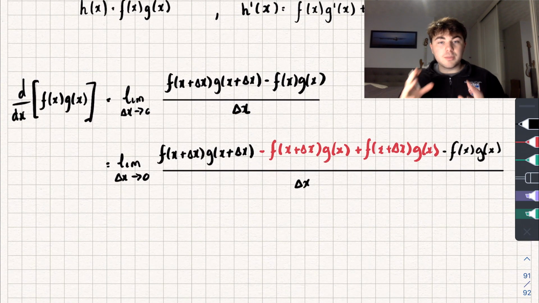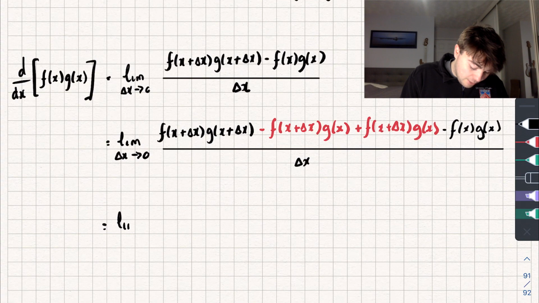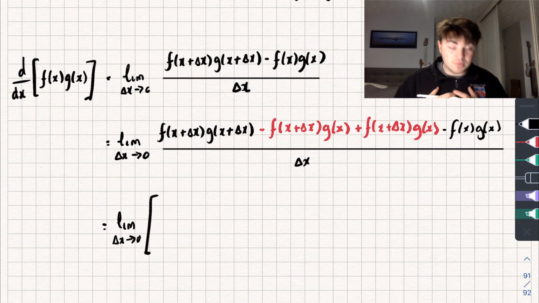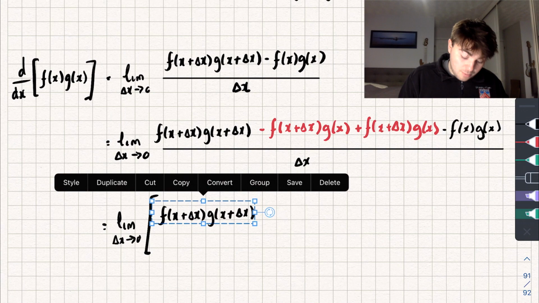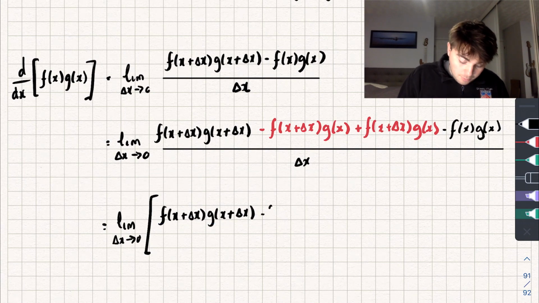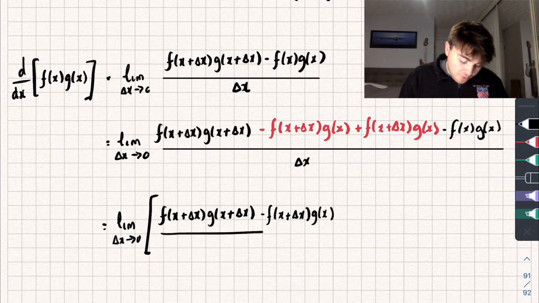From here I'm now going to split this up into two fractions because they're over the same common denominator. So this is equal to the limit, as delta x tends to 0, I'm going to put it in brackets just so it's clear I'm taking the limit of everything. The first part is the same, so f of x plus delta x multiplied by g of x plus delta x, then I'm going to subtract f of x plus delta x multiplied by g of x, this is the part that was in red above, I've now continued to write it but in black, and that's all over delta x.